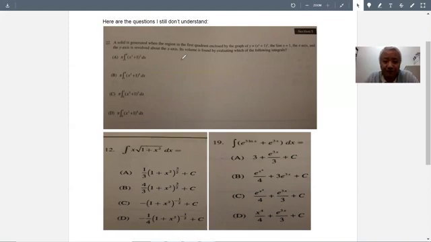They ask which one of the choices A, B, C, D represents the volume, found by evaluating which of the following integrals. For this one, first thing is better you sketch a little bit first.